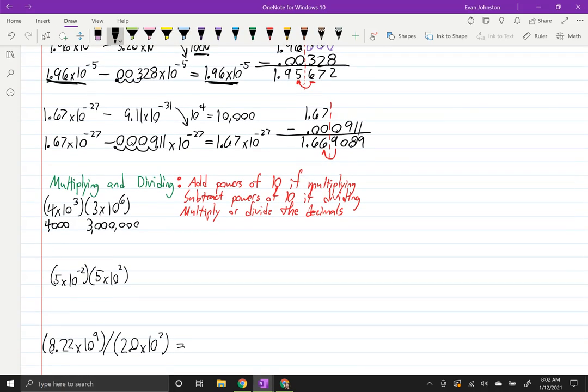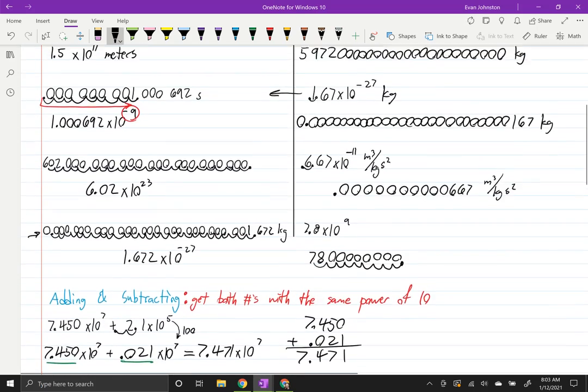And we said that instead of having to struggle with all these zeros, we can just add powers of 10. So we're just going to have a times 10 to the 9. Well, that's convenient. And then it just says multiply or divide the decimals. So multiplying 4 and 3, I get 12. That's actually it. We're done, except that this is no longer in scientific notation.